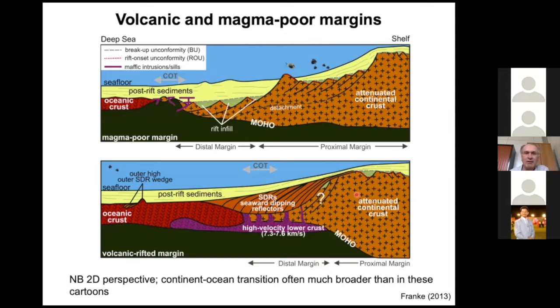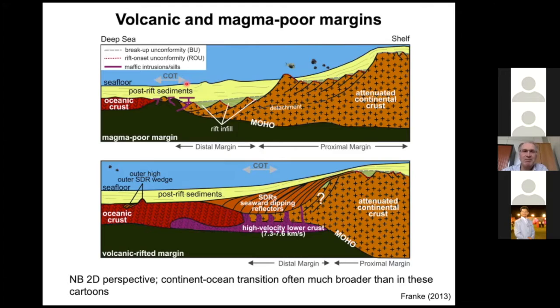And then the volcanic type, where we have lots more magmatism, so extrusive and intrusive magmatism during continental stretching, often hiding the tilted fault blocks, so they're not really imaged, and then increasing amounts of magmatic activity until we get out into oceanic crust. And on both of these, there's this region marked COT, continent-ocean transition.